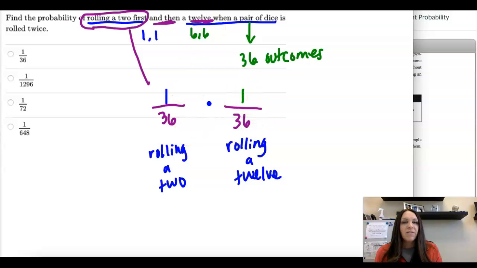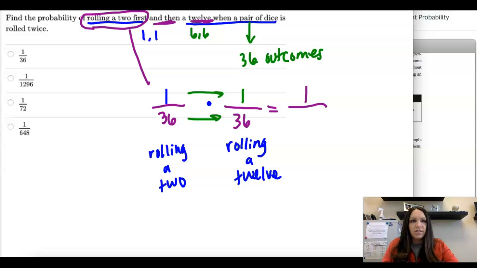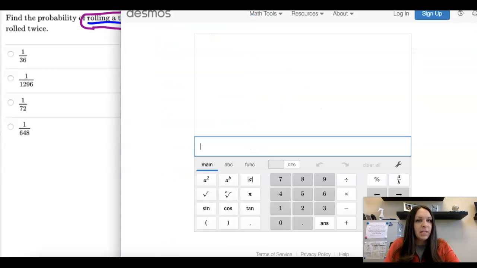Once we have two fractions, one for the first event and one for the second, we multiply them. So 1 times 1 is 1. When we multiply fractions, we go straight across. And 36 times 36 is, I don't know.